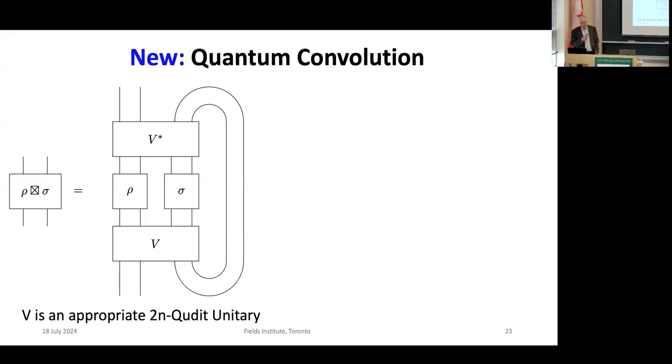You first take two states, rho and sigma, which are each positive matrices with trace 1, and take their tensor product. And then you twist by some unitary V, which is appropriately chosen, and take a partial trace on the second factor.